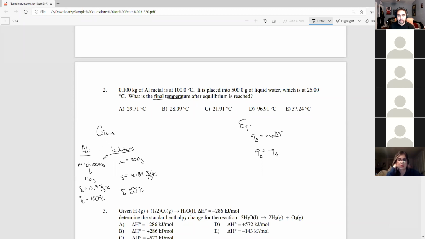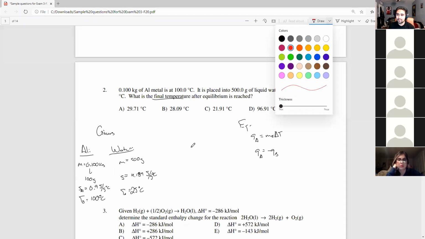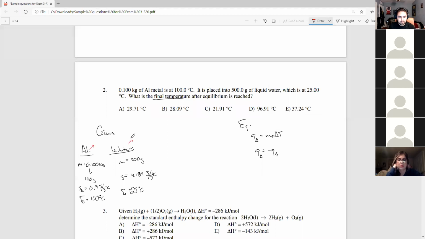Okay, next, who's gaining and who's losing heat? Is the metal losing heat and the water gaining? Yes, the metal is losing heat and the water is gaining heat.